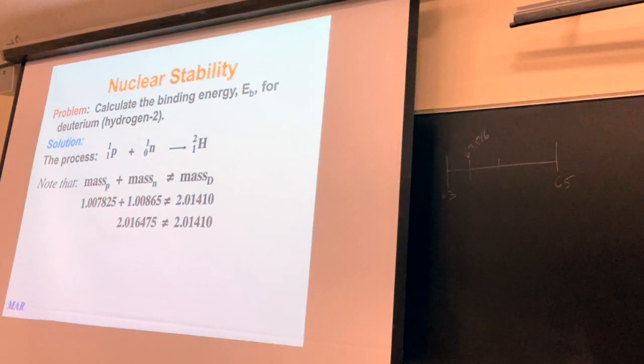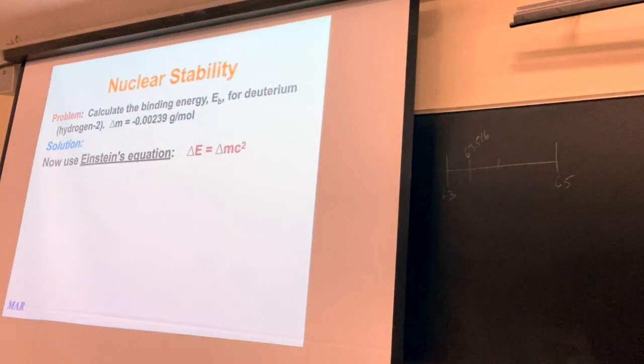And at this point, as a chemist, I start to get nervous because all the time I've been making you balance chemical reactions. Mass that goes in, mass that goes out. Something's wrong in the nuclear chemistry world. Mass is not conserved. And that means that the mass that goes in, in this case, is greater than the mass that goes out. This is the mass differential, the mass lost upon making the deuterium.